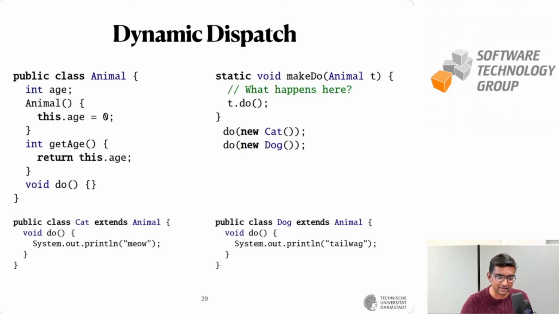What happens here depends on what is passed, right? So to extend the type animal, you have a subtype cat of the supertype animal which has its own variant of do, which simply mews. A subtype variant dog of the supertype animal performs the same do, but it just wags its tail, right?